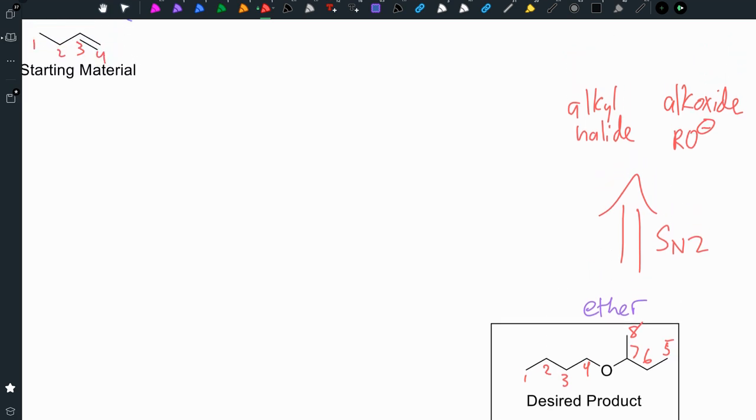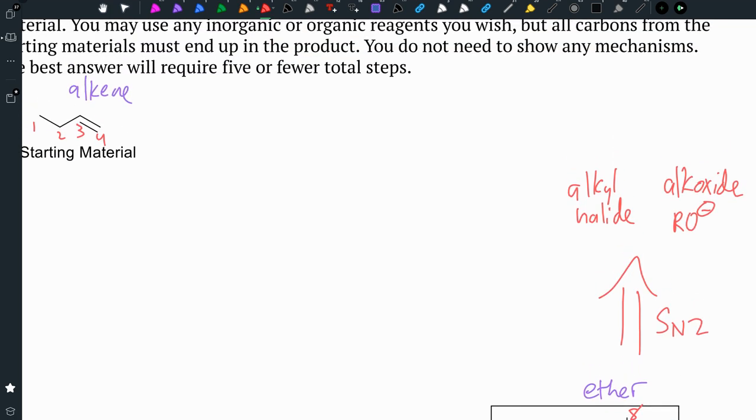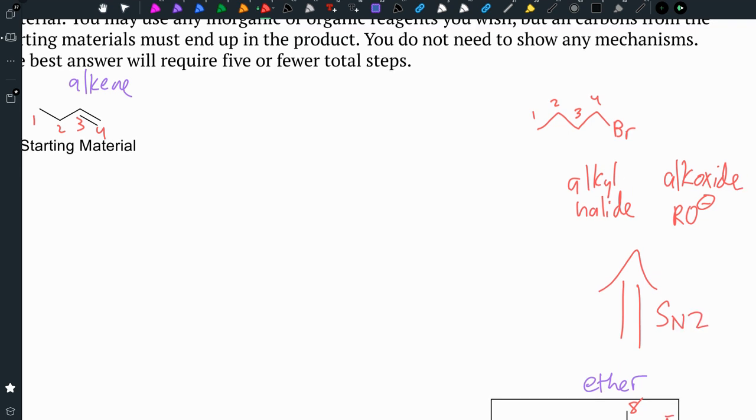So to do a good SN2, I'd like to have a less substituted alkyl halide. So I would put my alkyl halide on carbon 4, which is a primary carbon, and then my alkoxide would be on carbon 7. So 5, 6, 7, and 8, and then my alkoxide would be there. So that's one possible retrosynthetic analysis of this ether.